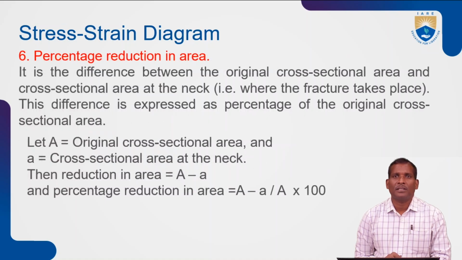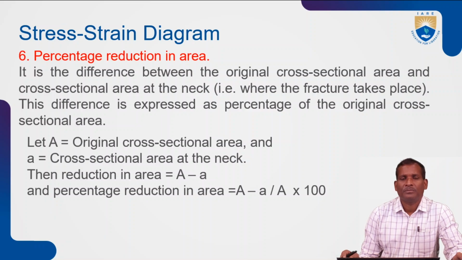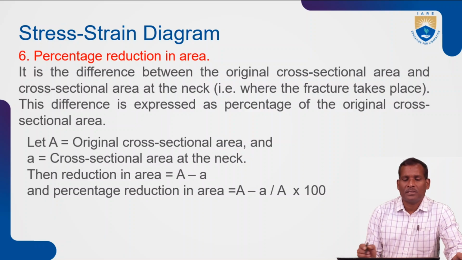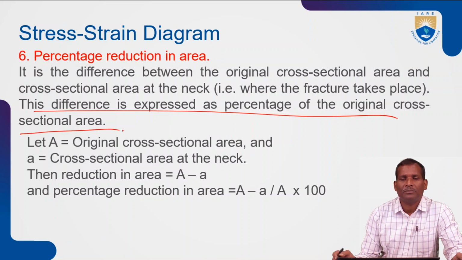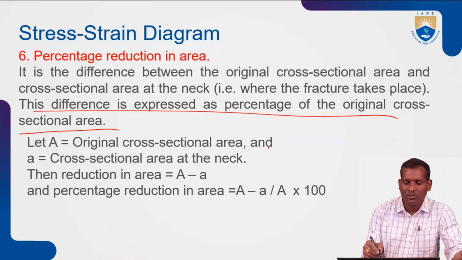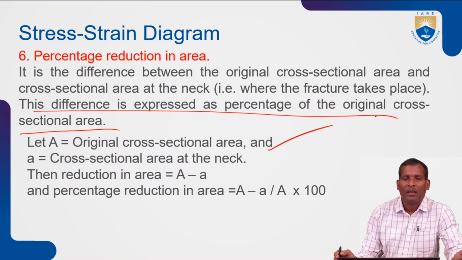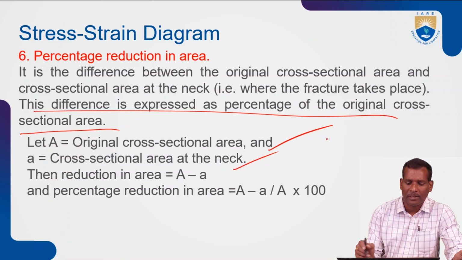The percentage reduction in area. It is the difference between the original cross-sectional area and the cross-sectional area at the neck where the fracture takes place. This difference is expressed as a percentage of the original cross-sectional area. Let A be the original cross-sectional area and a the cross-sectional area at the neck.